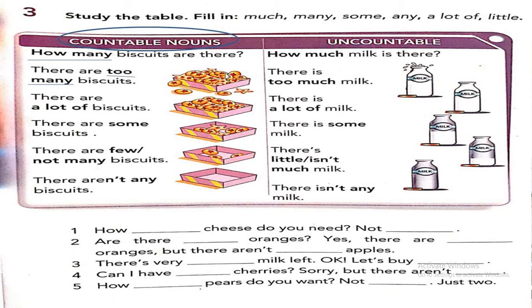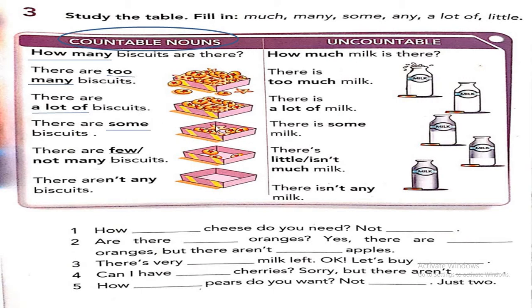Number 2: there are a lot of biscuits. This is another way of answering. And we have, there are some biscuits. Some is from the third category, which is words used with countable and uncountable.